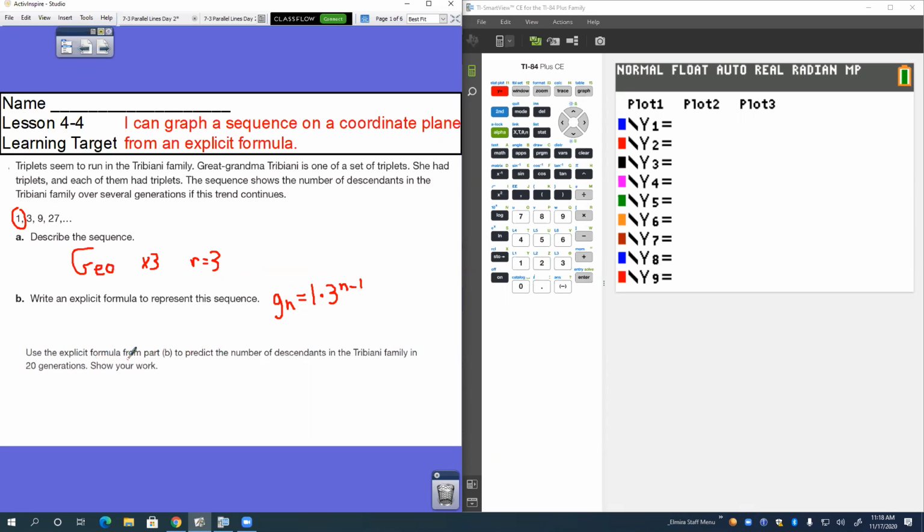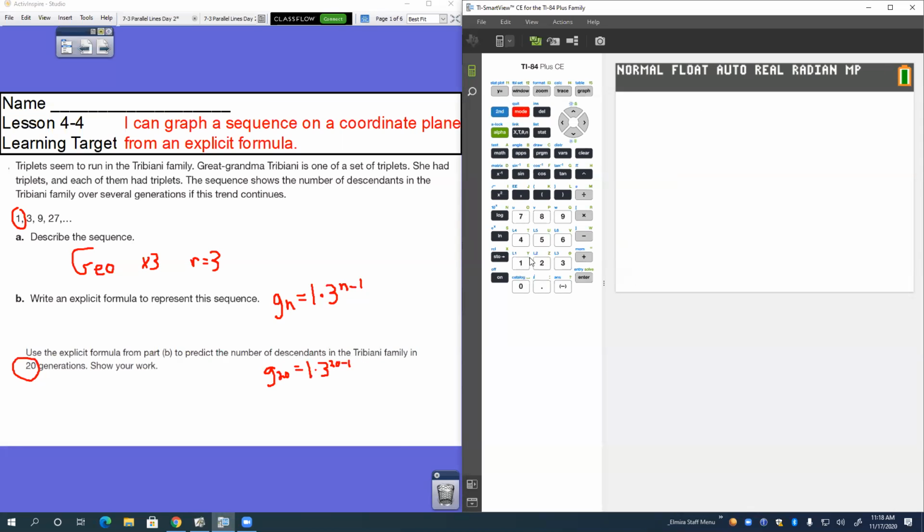So it says use the explicit formula to predict the number of descendants after 20 generations. So we want G sub 20 equals 1 times 3 to the 20 minus 1 power. So if I go to type that into my calculator, I have 1 times 3, caret button, 20 minus 1.